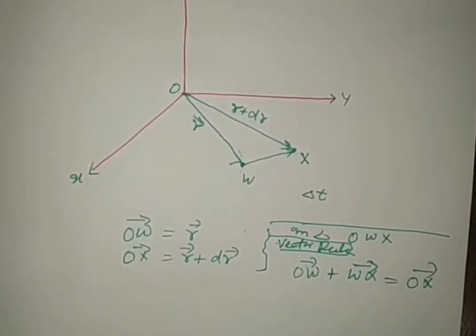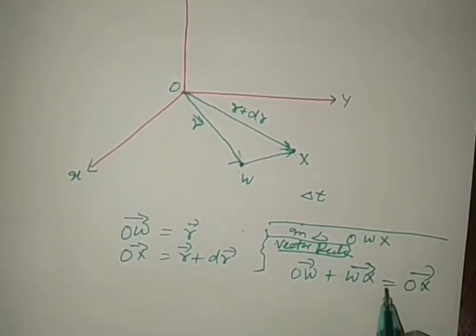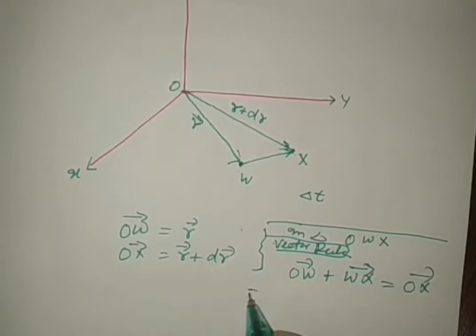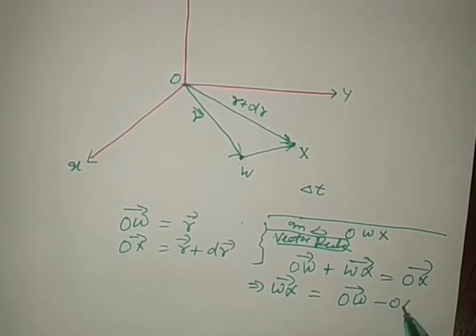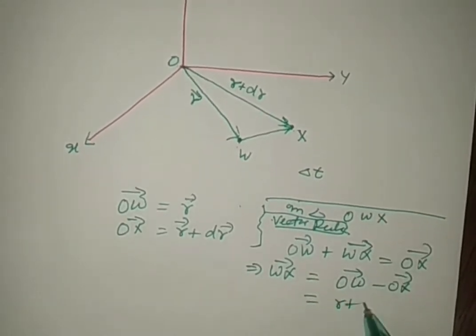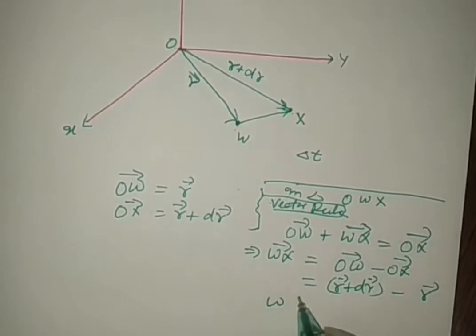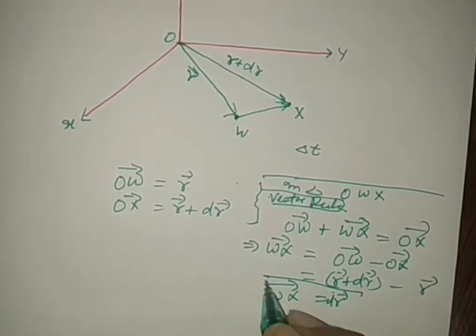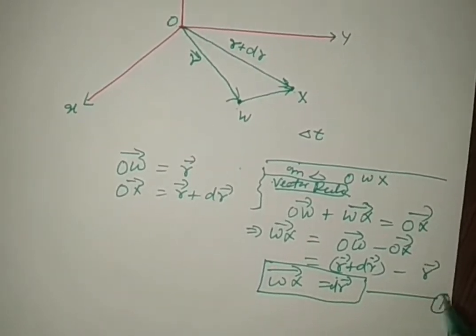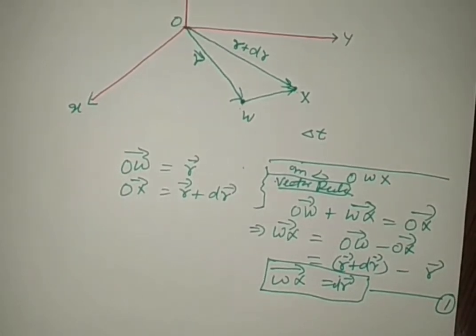So WX can be written as OX minus OW. OX is R plus dr, and OW is R. So WX can be written as dr only. We are going to represent it as equation number 1. So equation 1 must be clear to everybody, right?